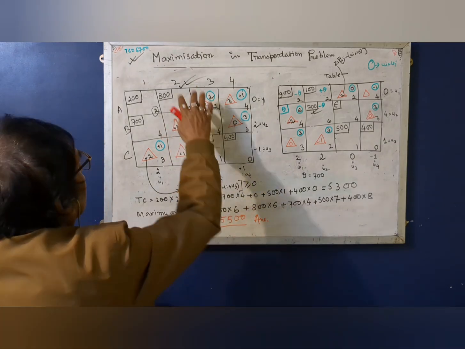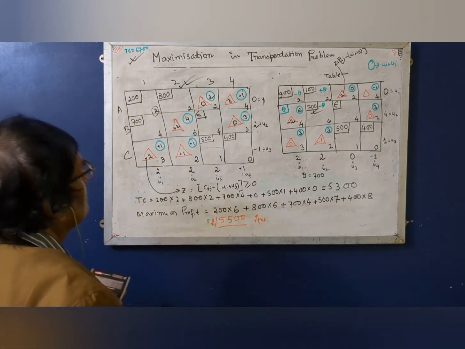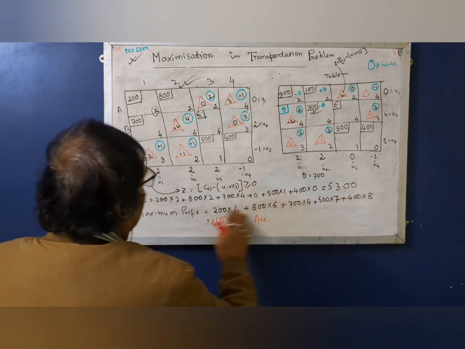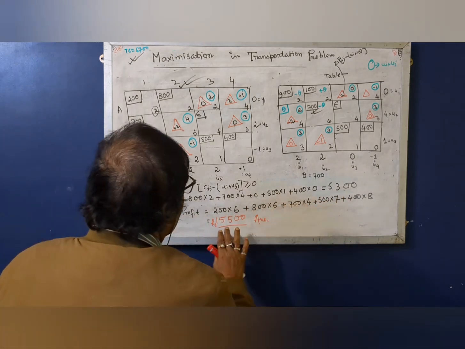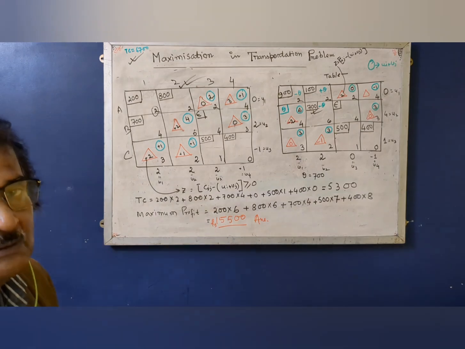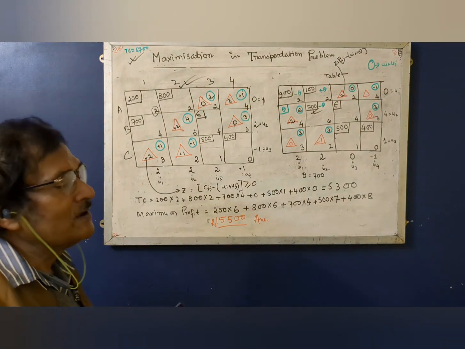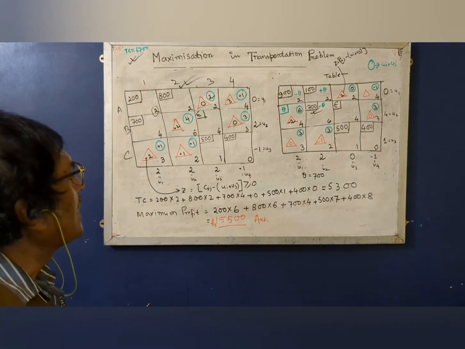And you can check that the availability and requirements will be the same as in the original problem, and this is the final figure, how much profit you will get. This is the profit amount. This is the solution of a maximization problem in transportation.